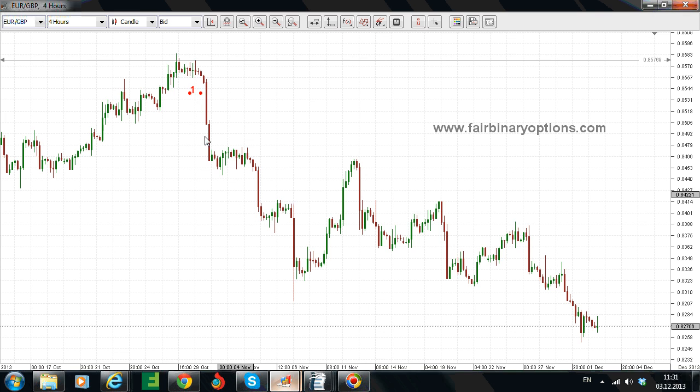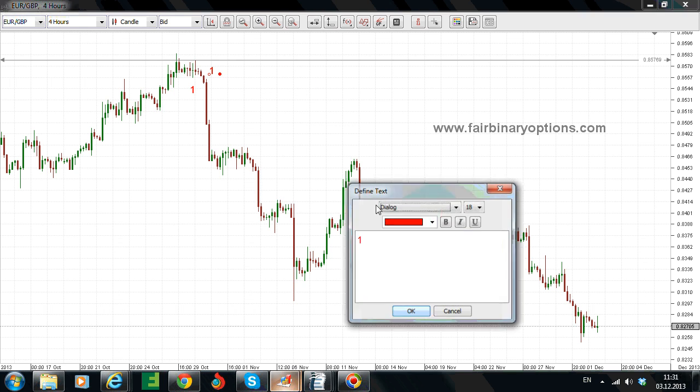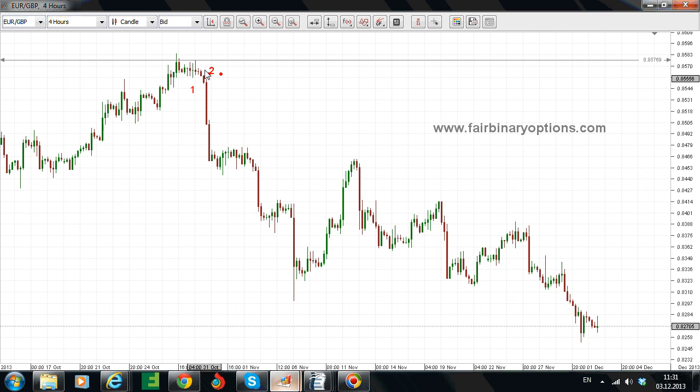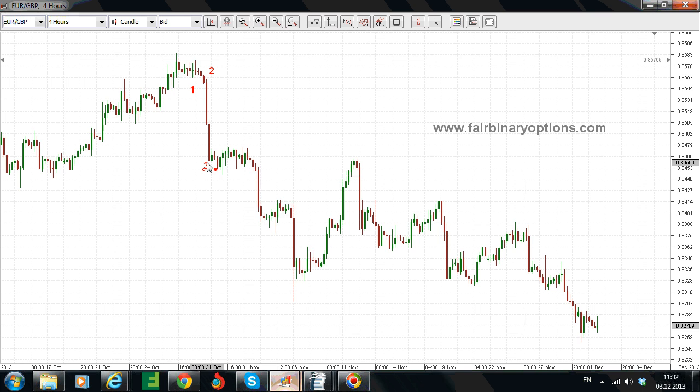And the second wave to the upside. And of course the third wave to the downside. So 1, 2, 3 here. The fourth wave to the upside. 1, 2, 3, 4.